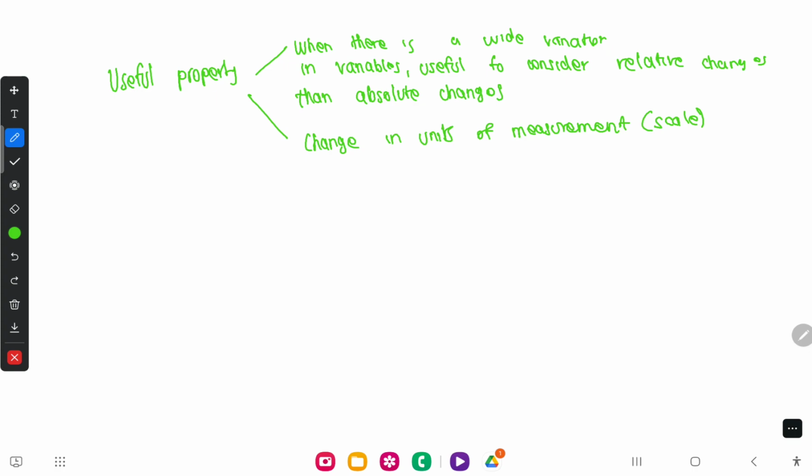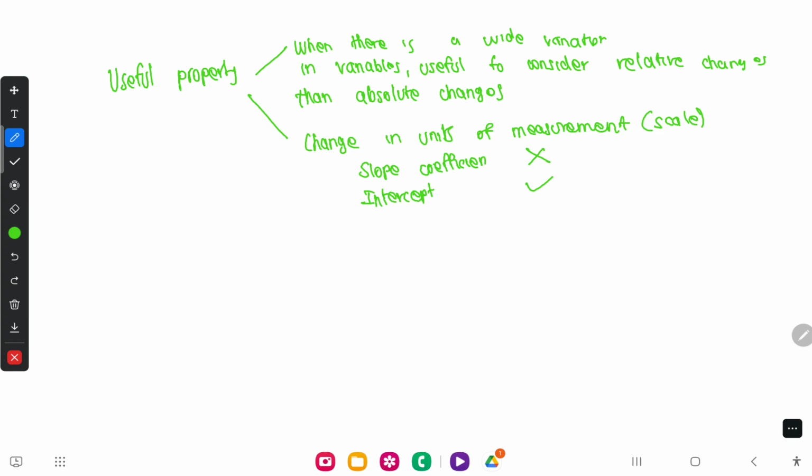Why do I refer to a scale? If you're converting meters to kilometers, you simply multiply it by 1000, right? The change is applied to the scale. You're multiplying, and that is where we say change in scale. Okay, your slope coefficient does not change, only your intercept changes.